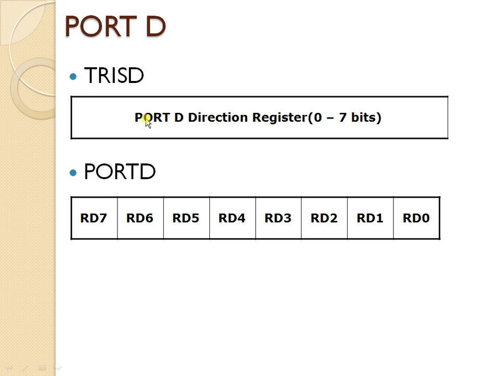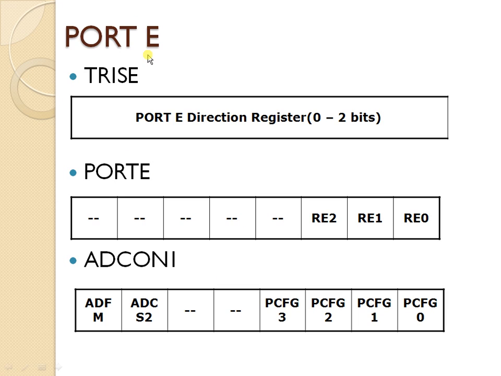For port D again the same, TRISD for selecting the direction and PORTD for holding the data. And for port E, apart from these registers, you have to use one more register, that is ADCON again. TRISE for selecting the direction, PORTE for holding the data, and ADCON is used for configuring port E to act as GPIOs.